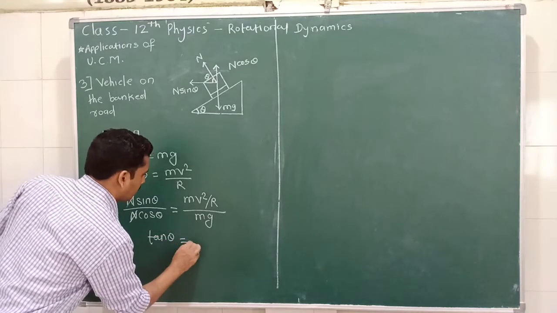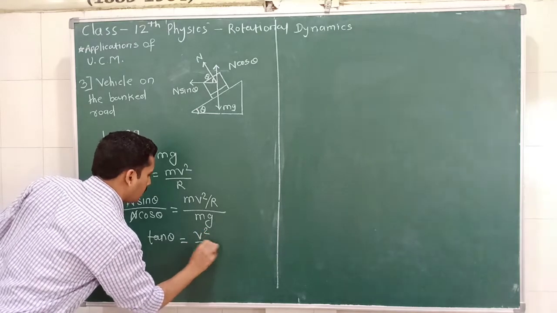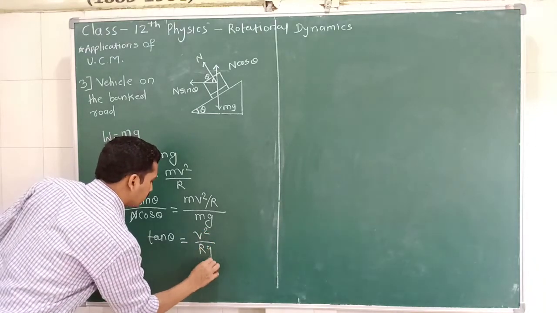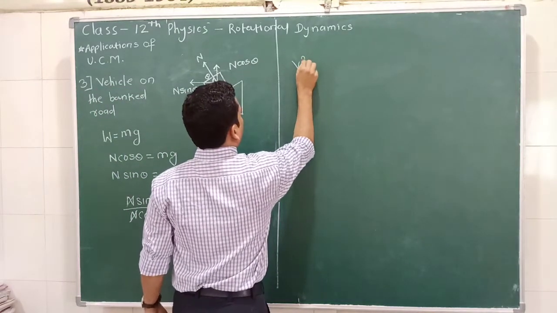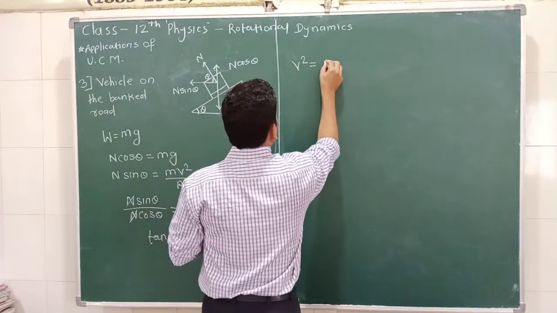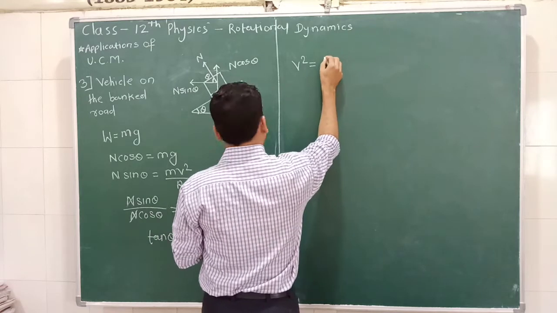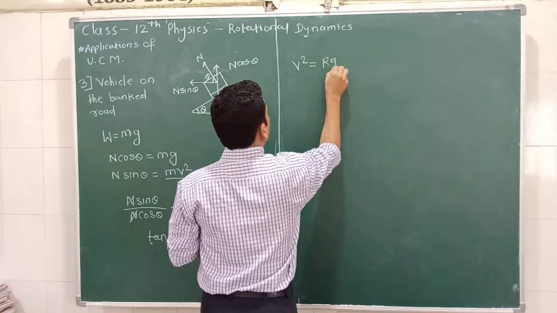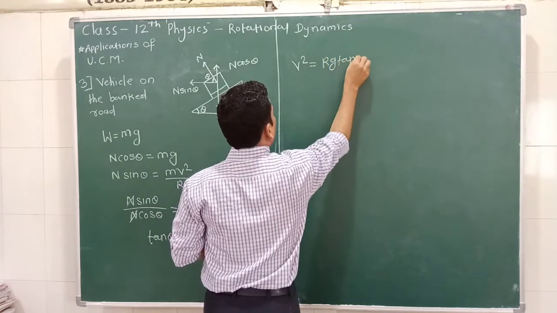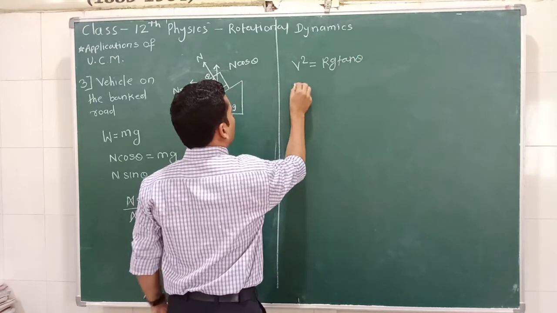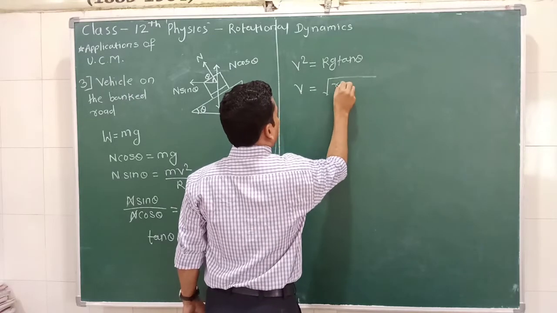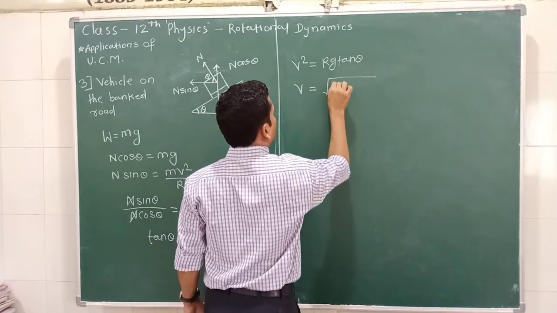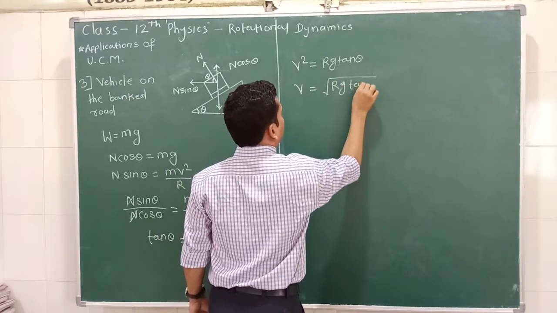This tan theta is equal to v square divided by rg. Therefore, we can write v square is equal to rg tan theta, or v is equal to under root rg tan theta.